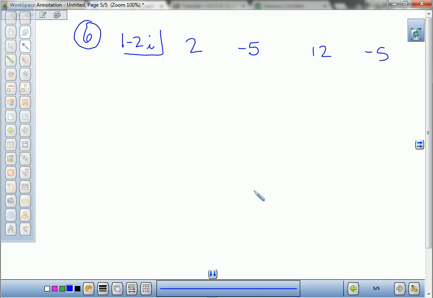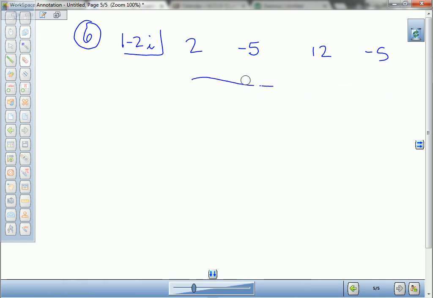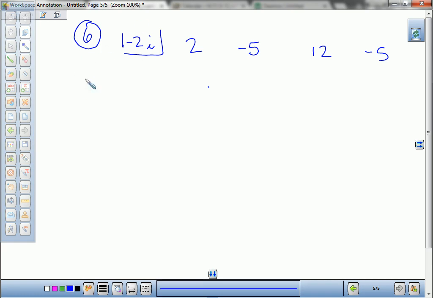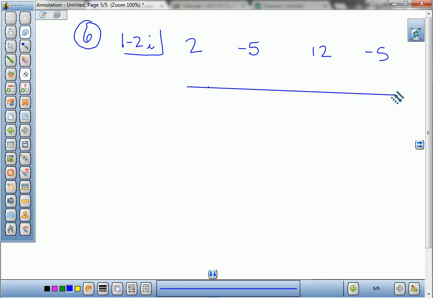Okay, so good choice, because number 7 has 4. So this one's a little easier. And it's the exact same process, but because I'm dividing by a complex, it might look a little uglier to us in the middle. Still turns out pretty at the end.